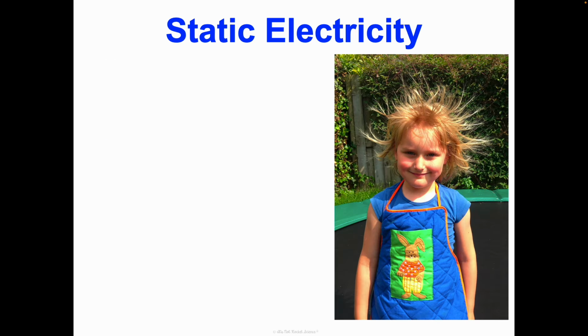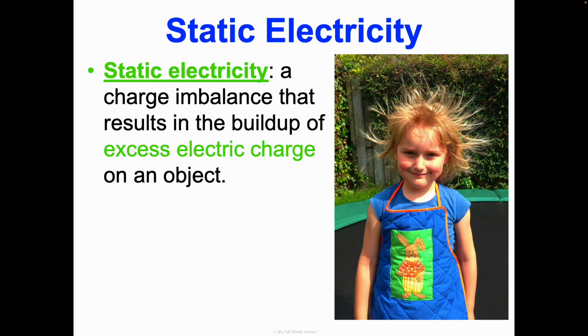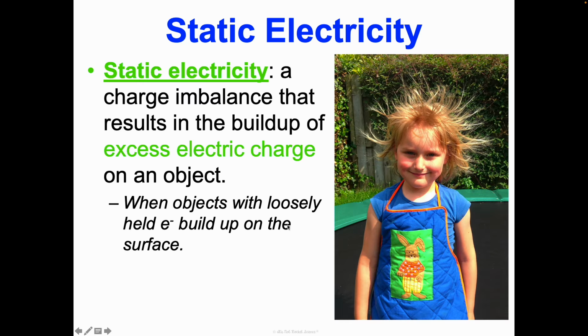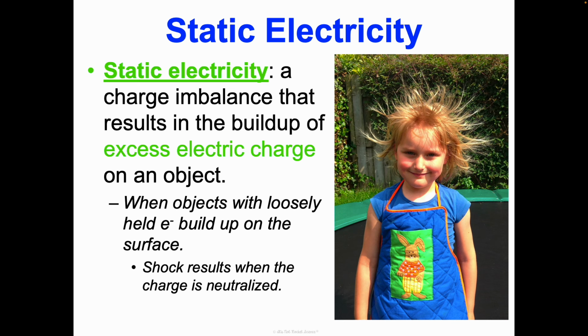So static electricity is a charge imbalance that results in a buildup of excess electric charge on an object. So when objects with loosely held electrons build up charge on the surface of that object, this is where we can experience shock. That's what happens when the charge gets neutralized.